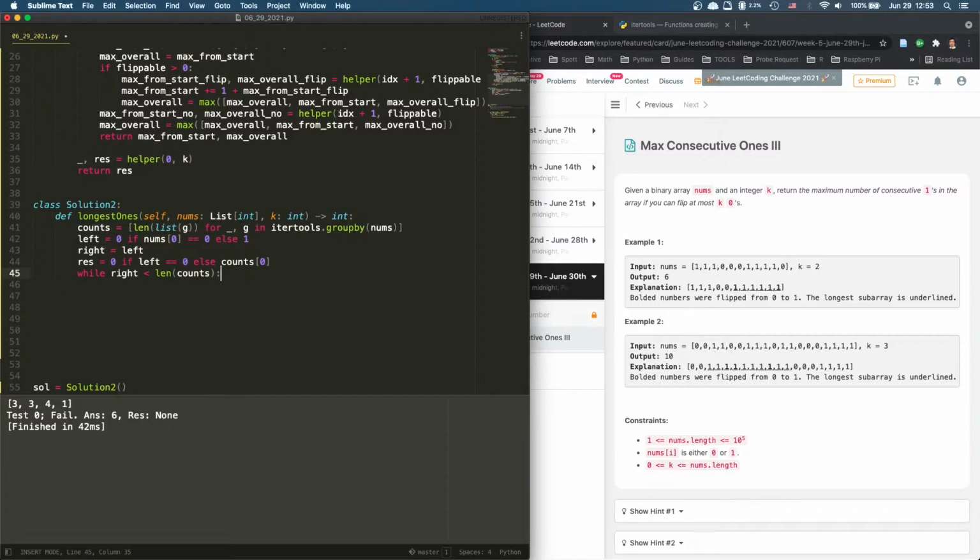We're going inside, and we try to see how much we can fit, and if we can fit more, we keep moving right until we cannot fit anymore. But what if we cannot fit?